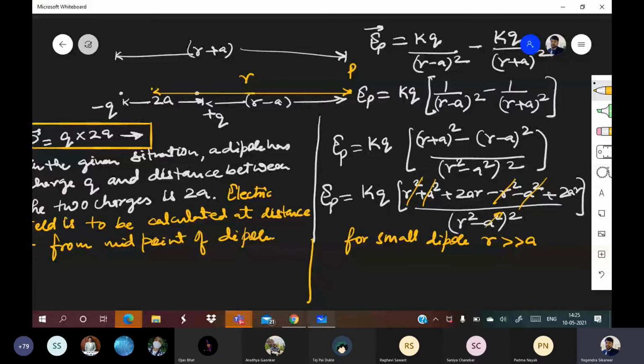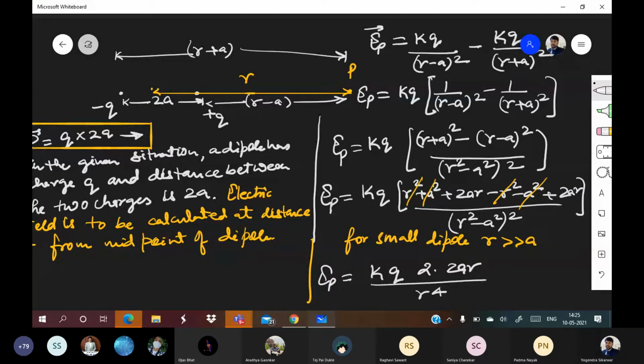So what we can write is EP is equal to K into Q into 2 into 2ar. I am writing it like this for a reason. I could have written 4ar, but I am writing it as 2 into 2ar upon r to the power 4, because r square to the power 2.